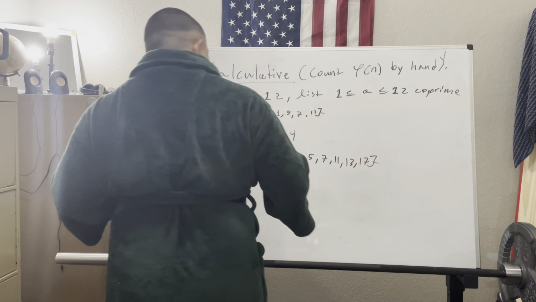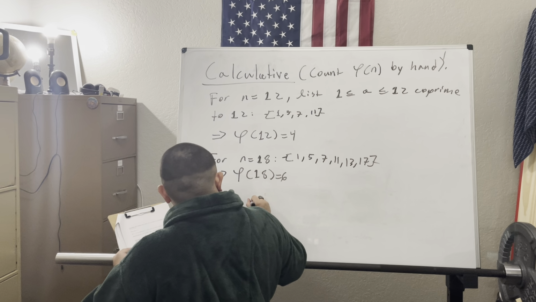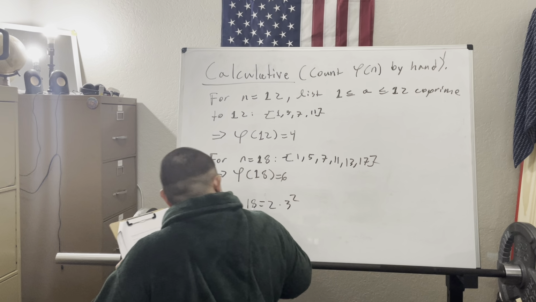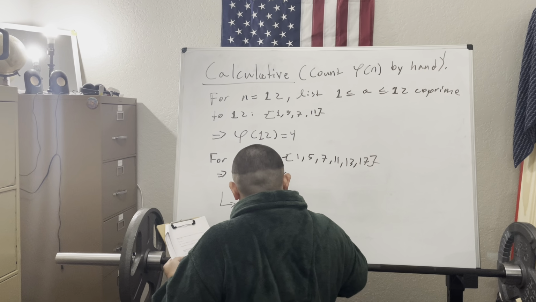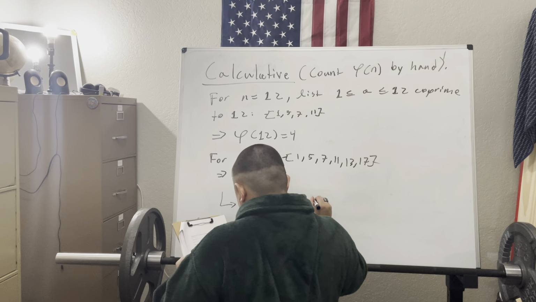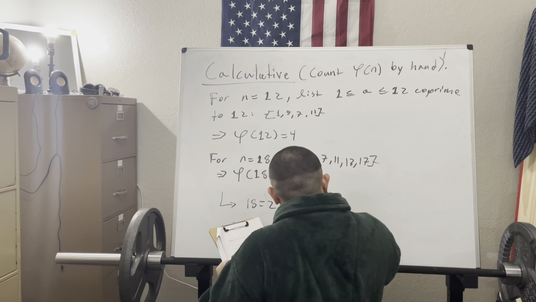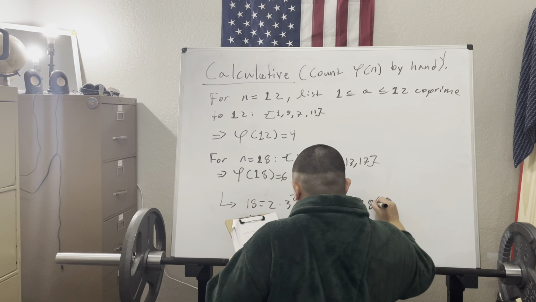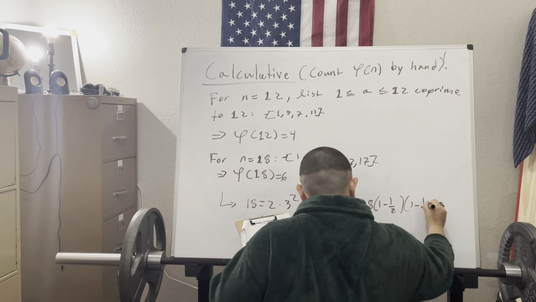So let's check with the formula on this one, right? We have this beautiful thing. Let's test it. So 18 is equal to 2 times 3 to the power of 2. So the totient function of 18 is equal to 18 times 1 minus 1/2 times 1 minus 1/3.